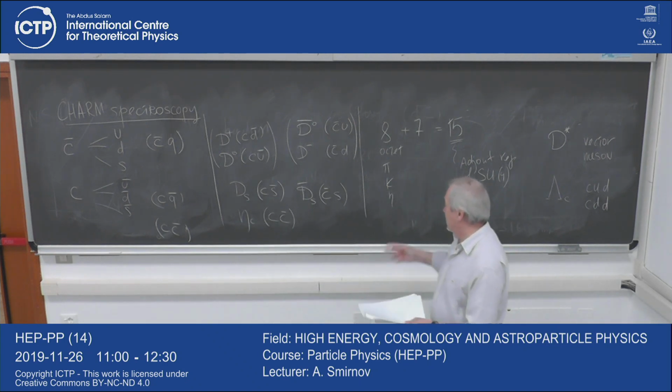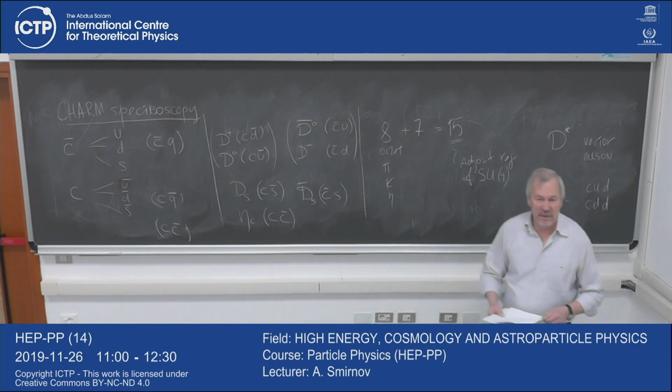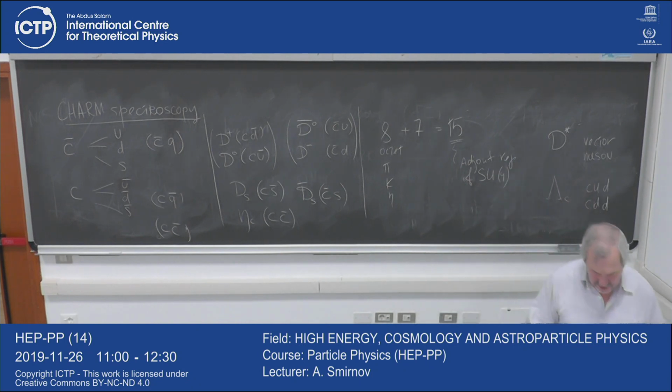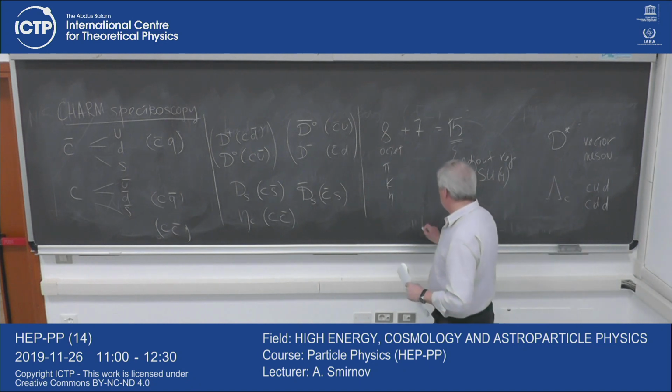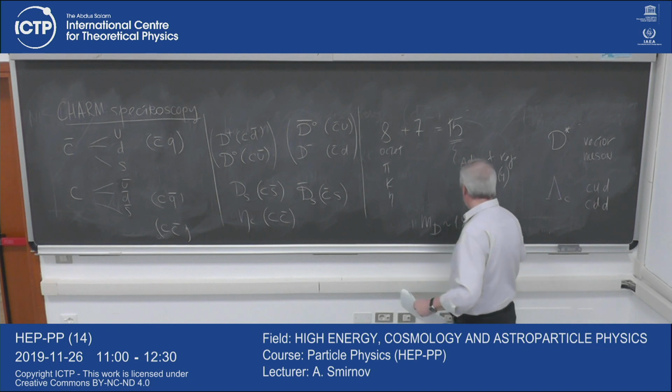Actually, the masses of D mesons are approximately 1.8 GeV.